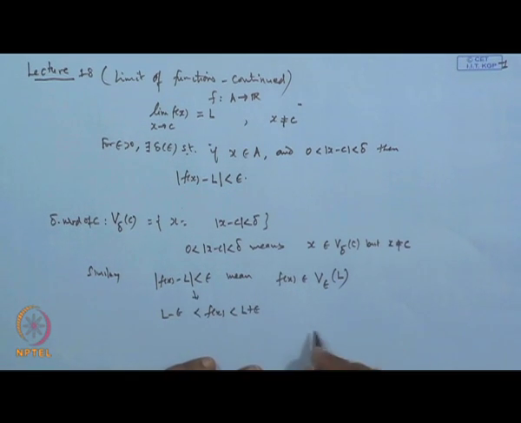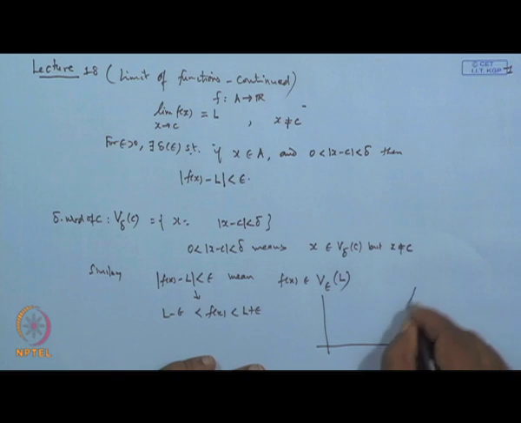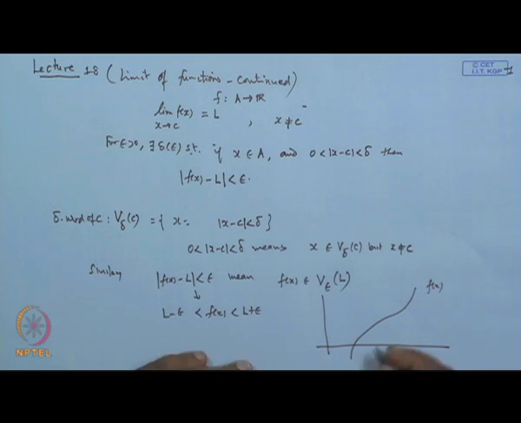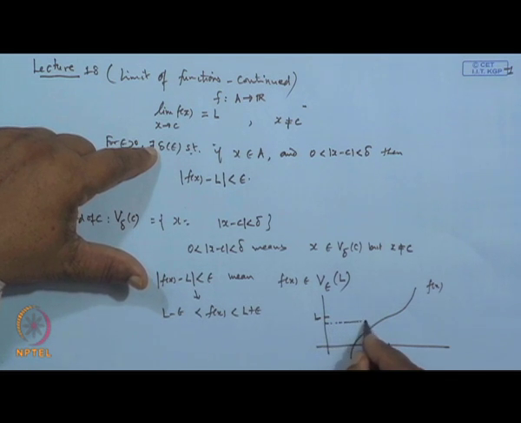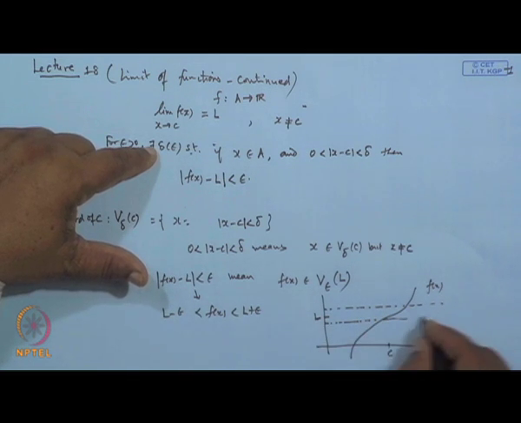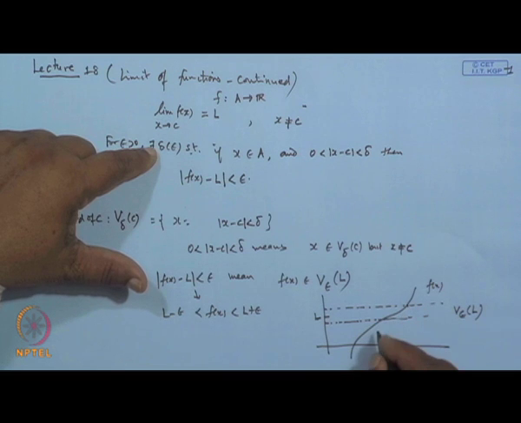It means that if we have this function, say this is our function f(x), and here is the point c, and this is L. So, what it says is the limit of the function f(x) when x tends to c means, for a given epsilon greater than 0, if I consider a neighborhood V epsilon L, that is the epsilon neighborhood of L, then corresponding to this neighborhood we can find a delta neighborhood of c, c minus delta, c plus delta, where c may not be included in it.